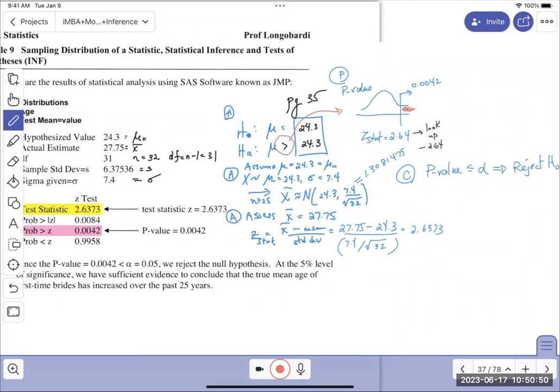So we always check if the p-value we got is smaller. The chance of seeing a z-stat of 2.64 standard deviations above the mean was 0.4%. Okay, so it's very small. So how small is small?